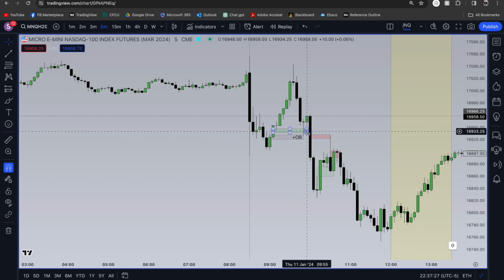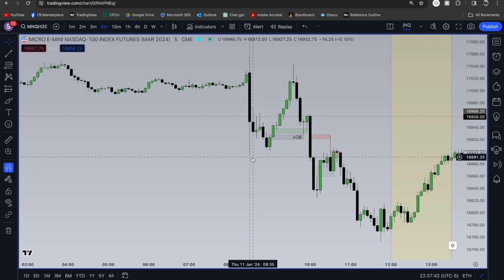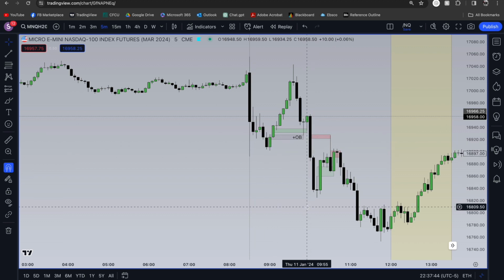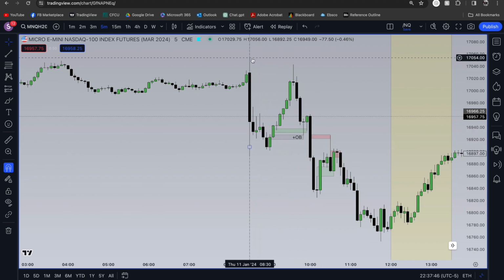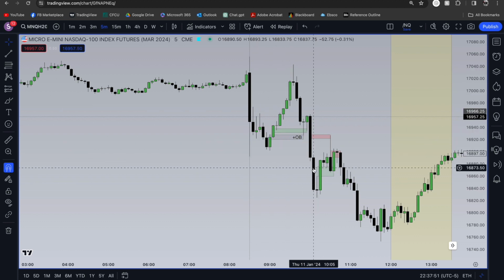Because this low here balanced these imbalances, that makes it an intermediate term low. Price breaks that intermediate term low, breaks the short term low, breaks the short term low, breaks all these lows. So now we have lower highs and broken lows. So that's bearish market structure.